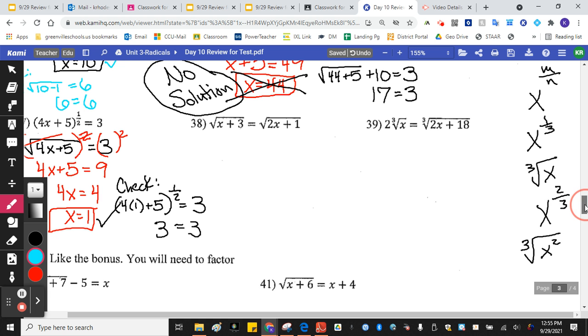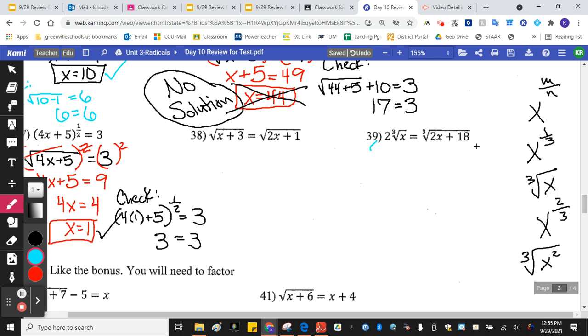If you have two radicals, you're still doing the same thing, but you can't isolate your radical. You can't get it by itself. So you just go ahead, get one on each side, which I'm not going to give you anything harder than that, and raise it to the proper power. How do I get rid of cube root? Cube both sides. So to get rid of square root, you square both sides. To get rid of cube root, you cube both sides.